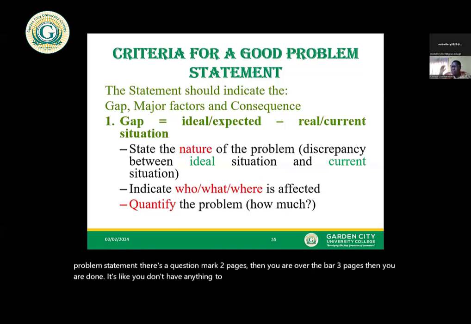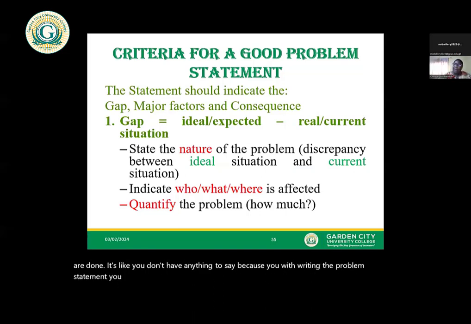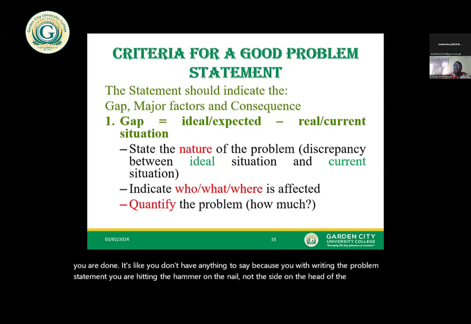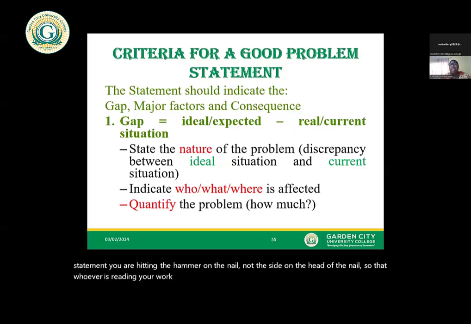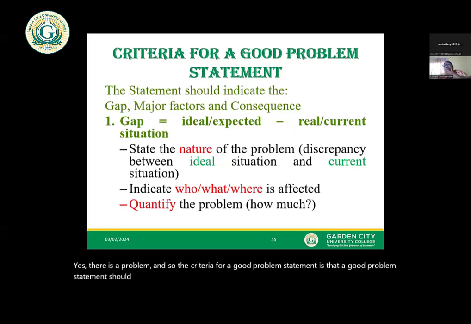Because with writing a problem statement, you are hitting the hammer on the head of the nail, not the side, so that whoever is reading your work knows that, yes, this problem exists. Yes, there is a problem. And so the criteria for a good problem statement is that a good problem statement should indicate that there is a gap.